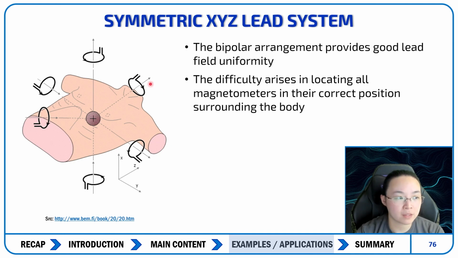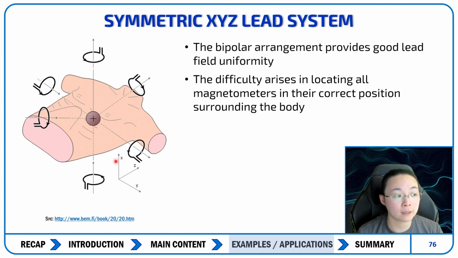So you can have everything off from the top of the head, but you have to have a slight angle for the foot portion. When you're taking a measurement along the y-axis, so from here and here, the other drawback is that your heart's kind of in the middle and you have to have a significant separation between the two detectors. So they have to be placed far away from the source. Whereas the X is the easiest because you can get as close to the chest as possible towards the heart.